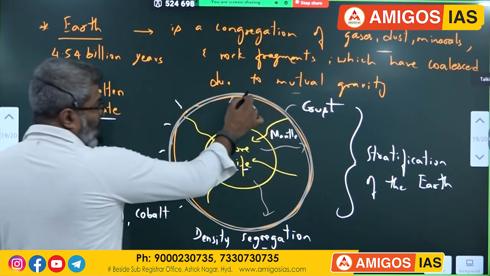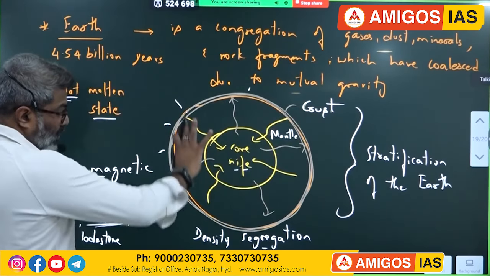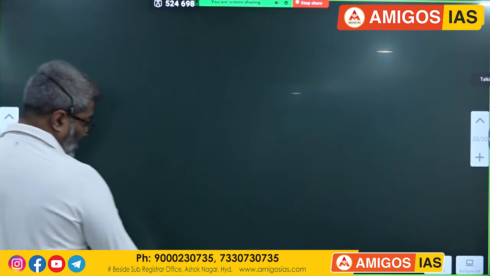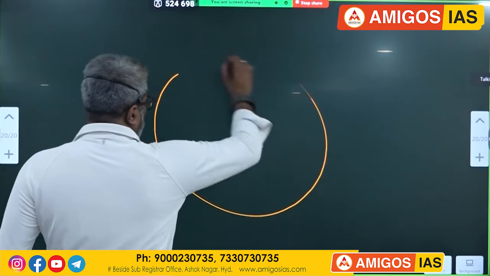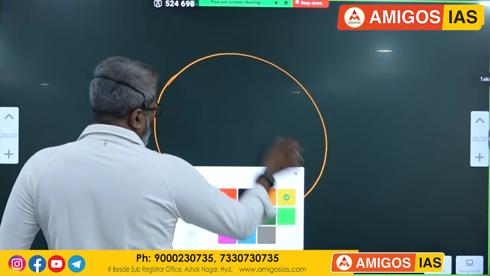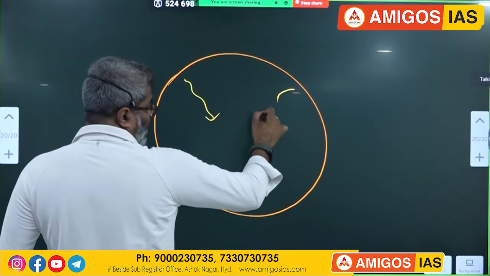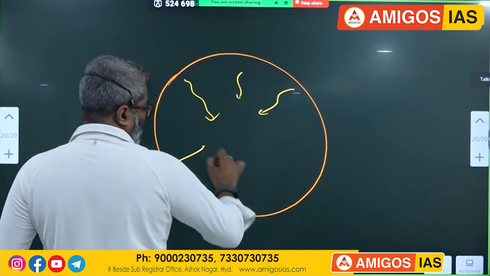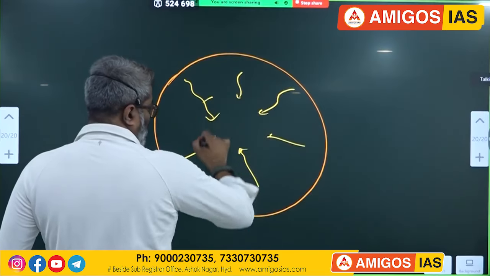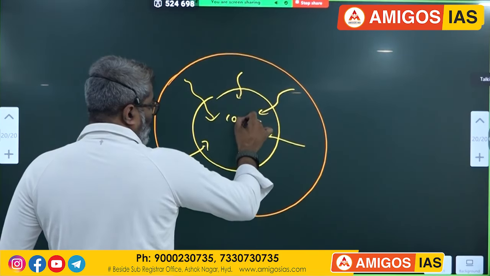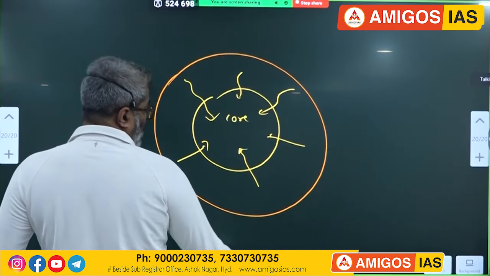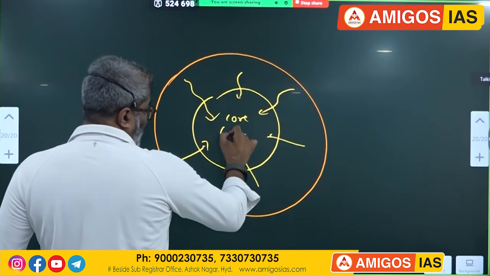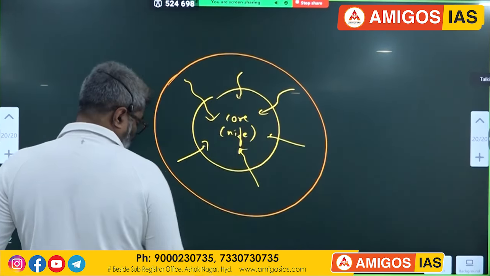I'll write this diagram again because I don't want to disturb this page. Earth was initially in a hot molten state. All the denser minerals came down, forming the core. It contains nickel and iron.